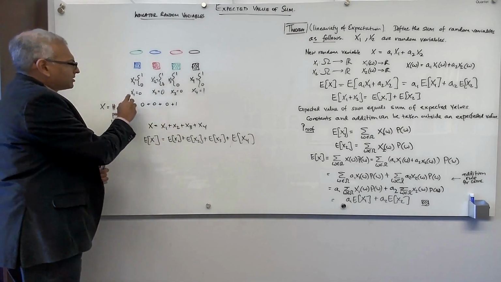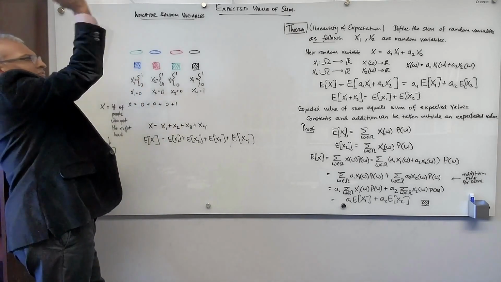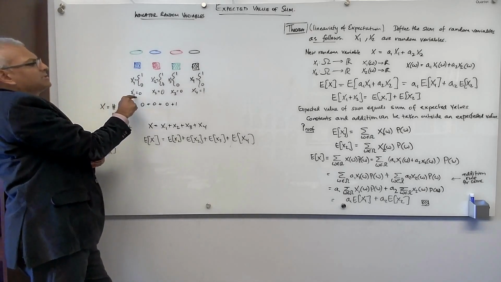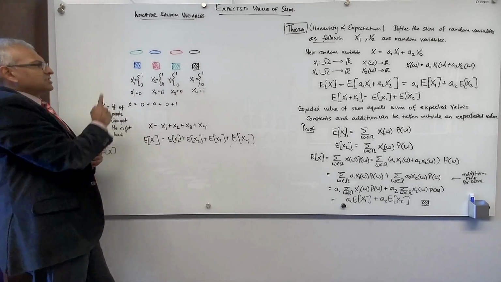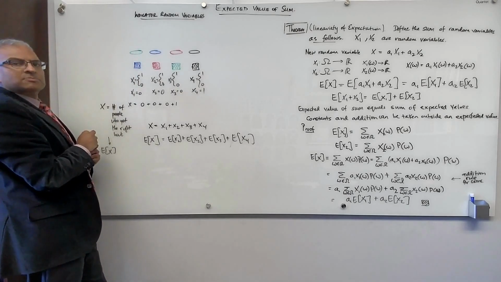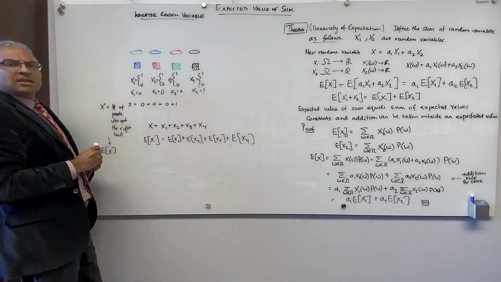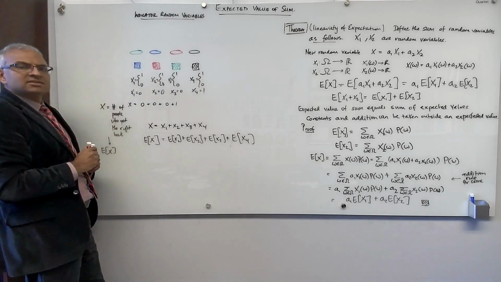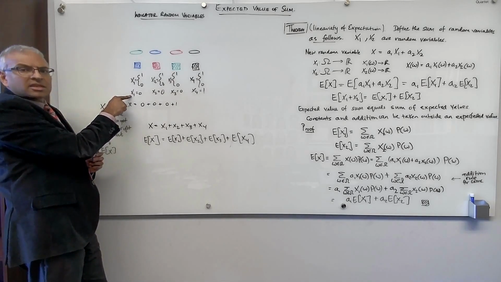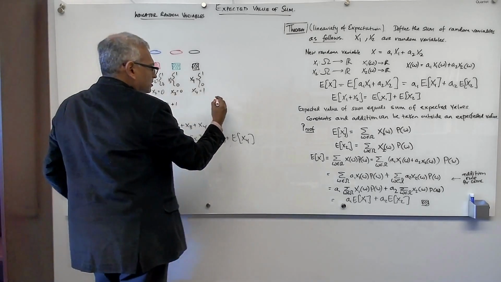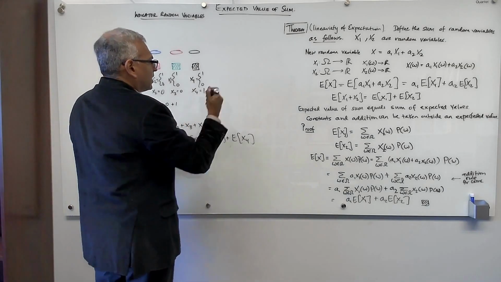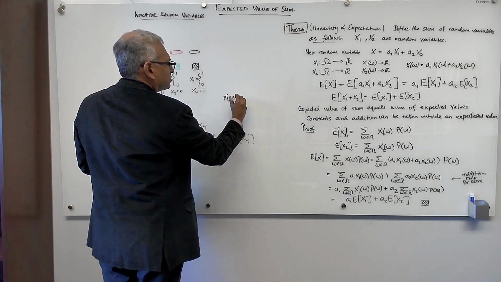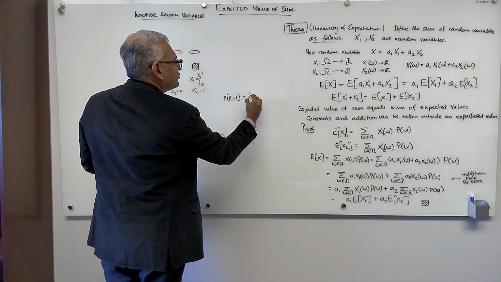Okay, but now let's think about this. Everyone throws the hat, and one of them lands on blue. Since there are 4 hats and only one of them is blue, there's a 1 in 4 chance that the blue guy gets his right hat. So there's a 1 in 4 chance that x1 is 1. So the probability that x1 equals 1 is 1 in 4.